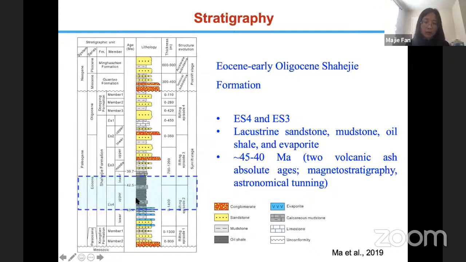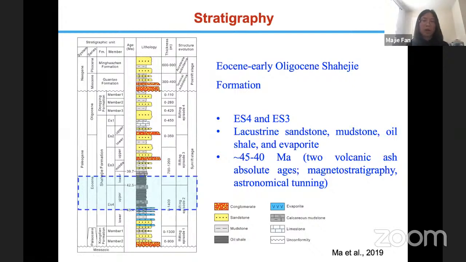So this interval roughly has an age of 45 to about 40 million years. The age constraint is not perfect. This essentially is based on lithologic correlation with other sections within the Bohai Bay Basin. In the other sections, two volcanic ash absolute ages have been provided in the literature. There's also a magnetostratigraphy study on the outcrop.